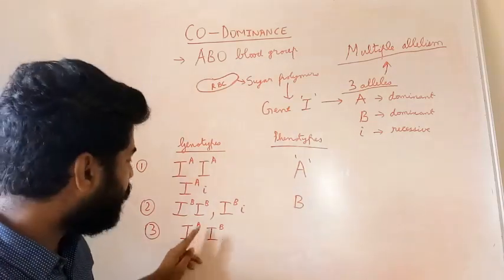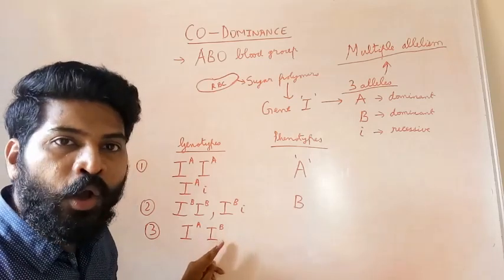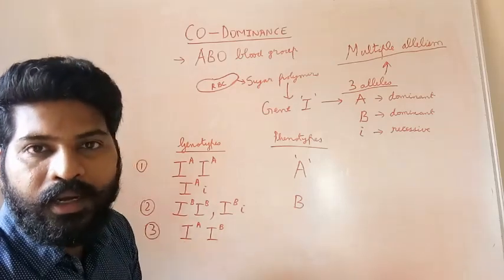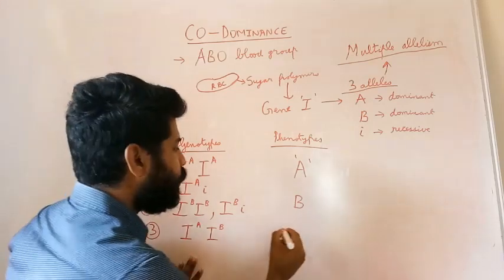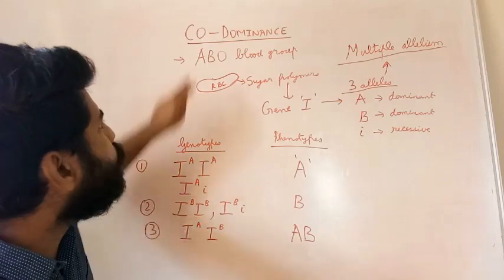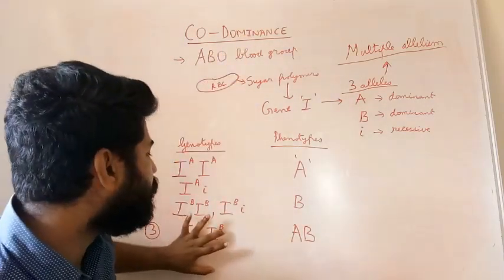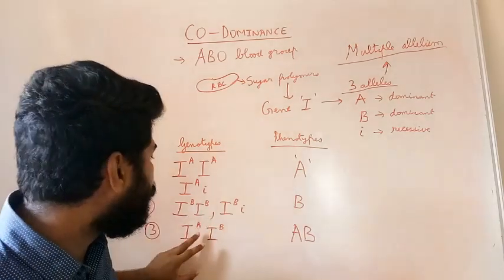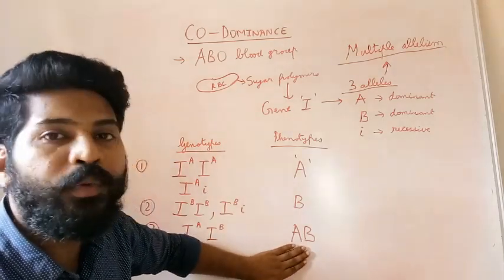Do you get blood group A, or do you get blood group B, or do you get, like in incomplete dominance, the intermediate character? In this case, what happens is we get the blood group AB. This is due to co-dominance, meaning both the alleles are equally dominant. Therefore, both the alleles express themselves, resulting in the blood group AB.